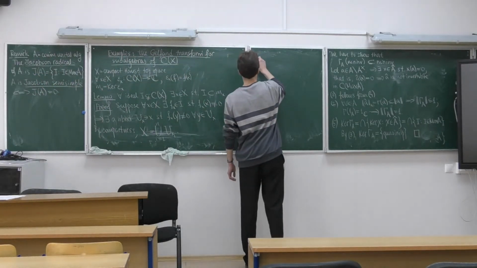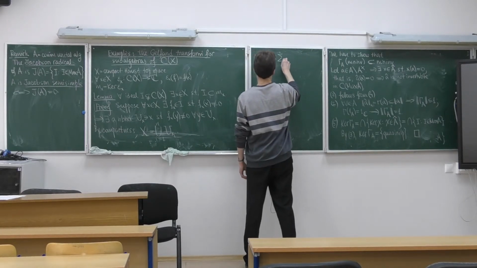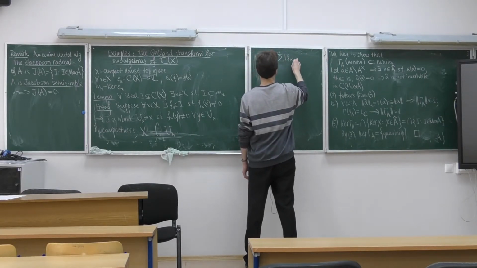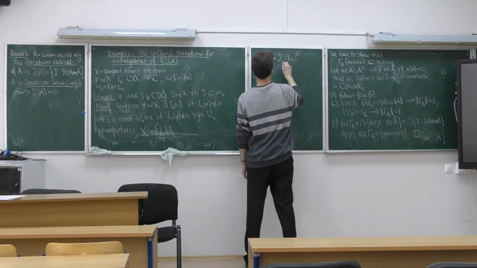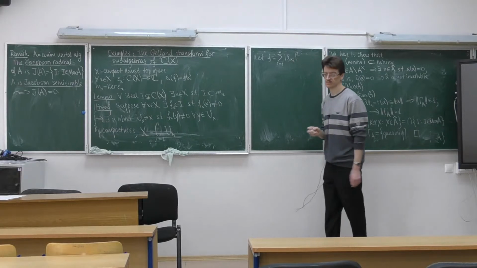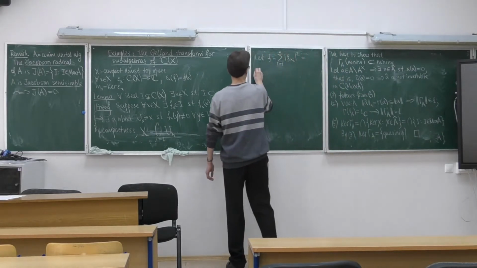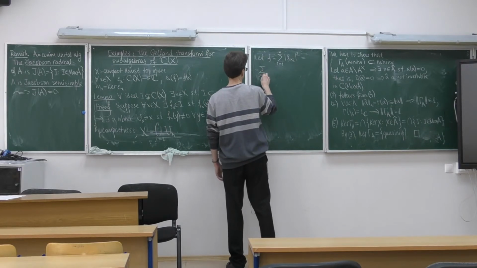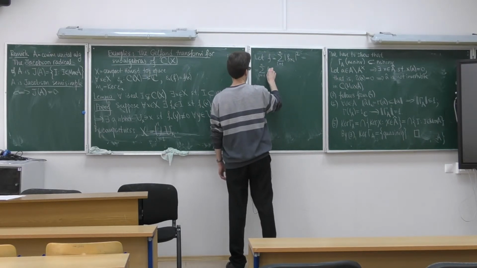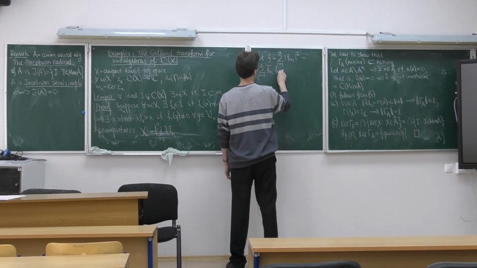And let's now consider the following function, f, which is given by the following formula. Or equivalently, we can write this in the following form: the sum of f_{x_i} times the complex conjugate of f_{x_i}.